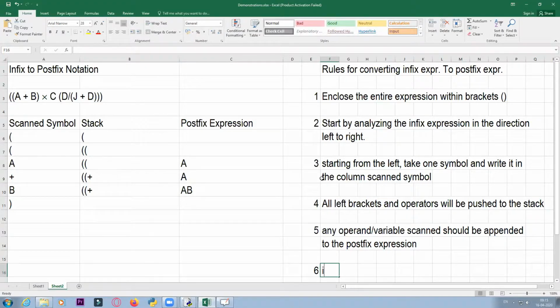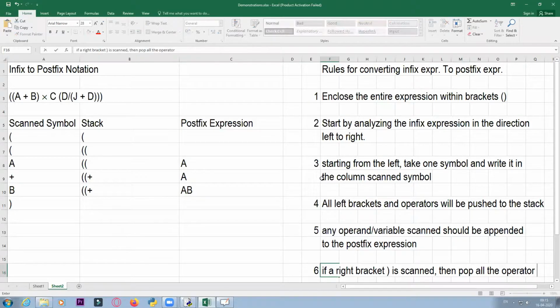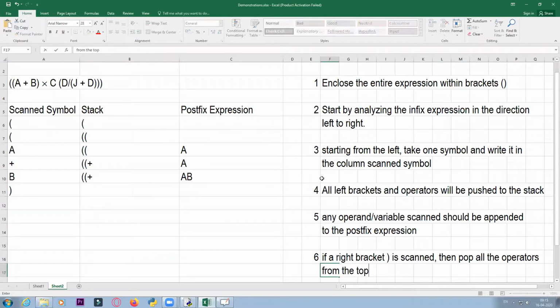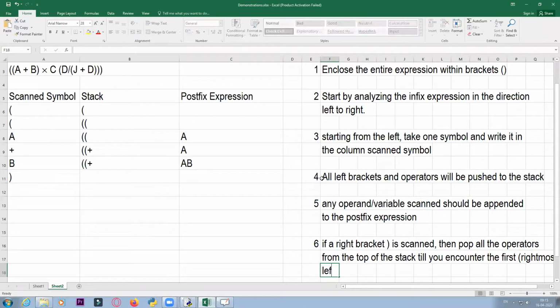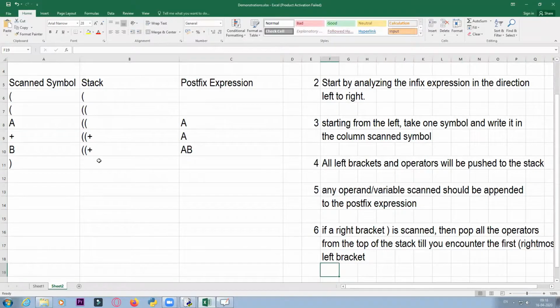So for that, we have: if a right bracket, that is this, is encountered, or we can write scanned, then pop all the operators from the top of the stack till you encounter the first, or we should say the rightmost, left bracket. Now, what is the meaning of this statement?